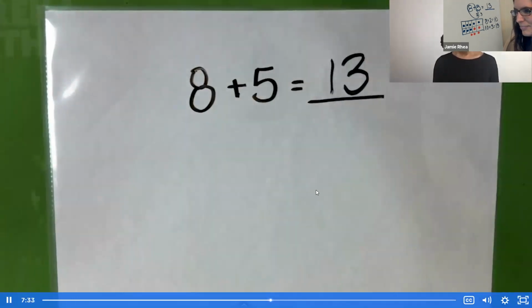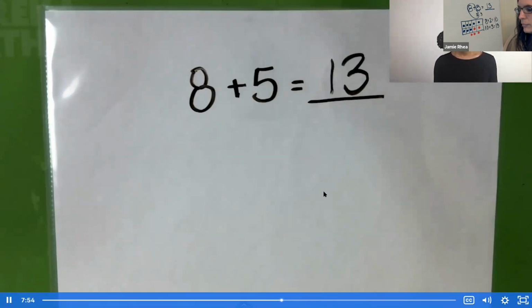Well, let's think about the number 13. Do we have any tens in the number 13? We do. We have 1 10. Do we have any extra ones? We have 3 extra ones.